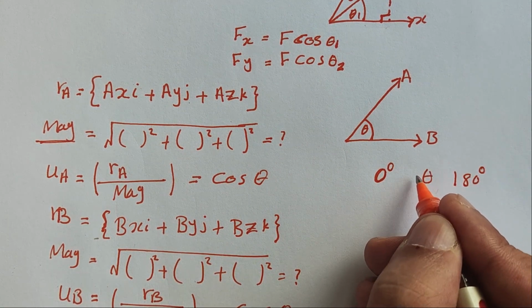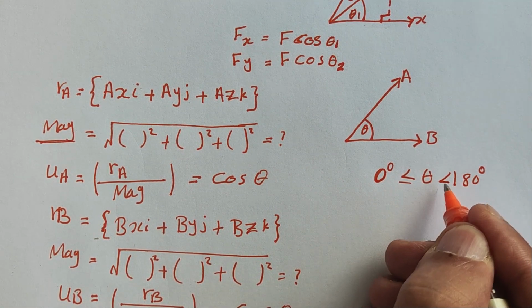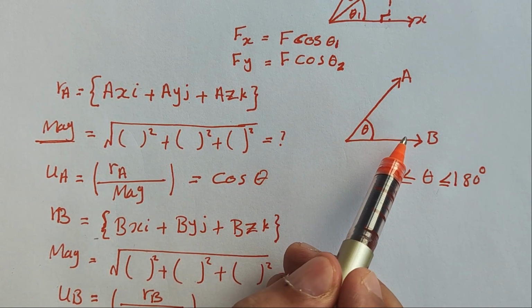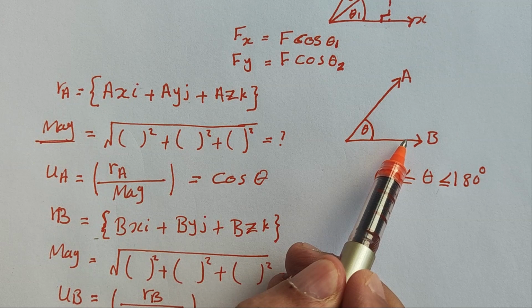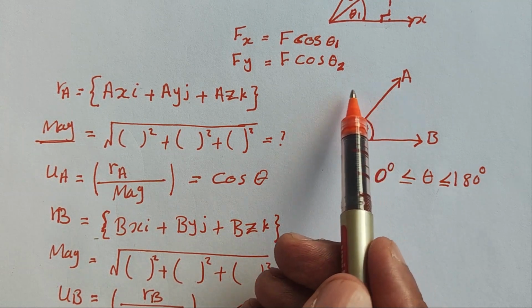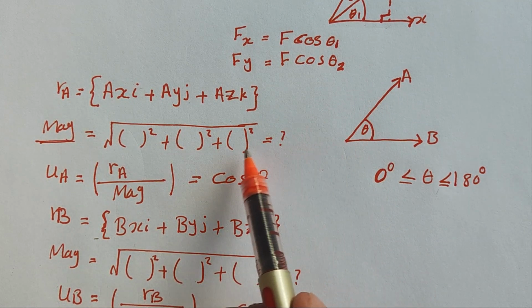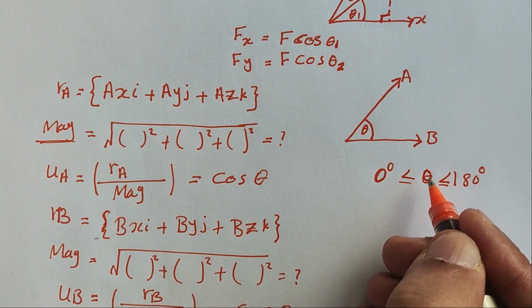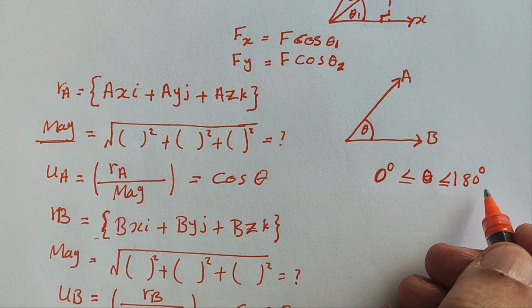So theta is always between 0 and 180 degrees. If you go down to the minimum, theta is going to be 0. If you take A to the other side, it is going to make 180 degrees.